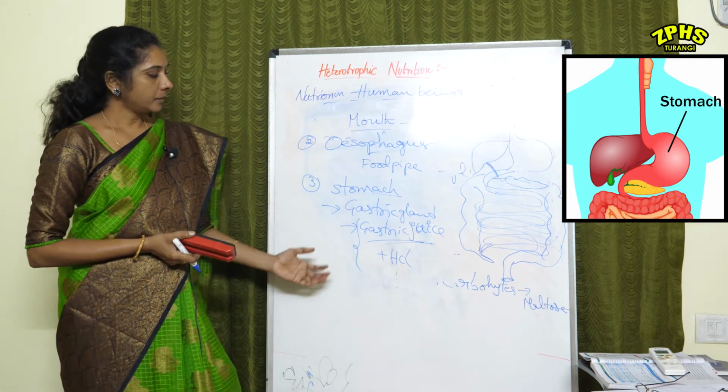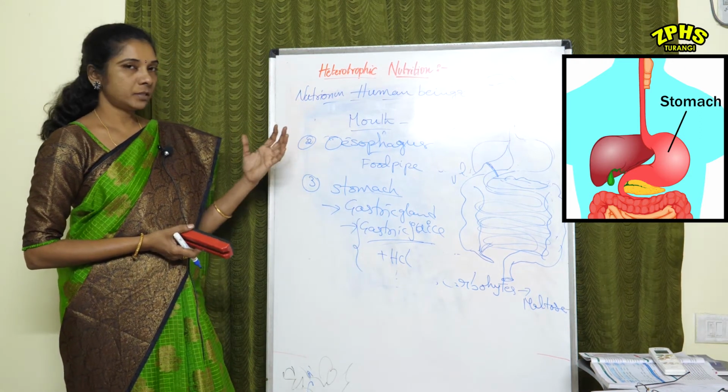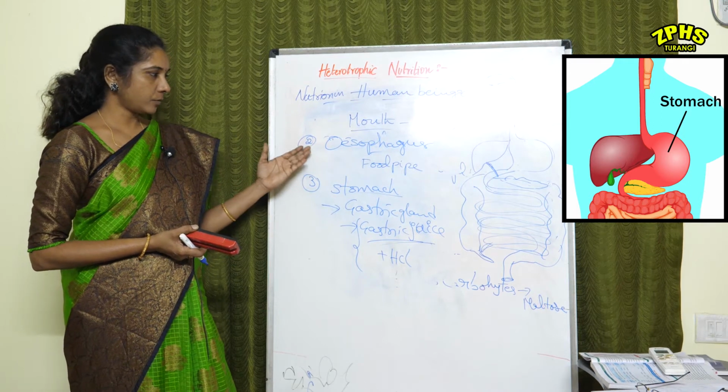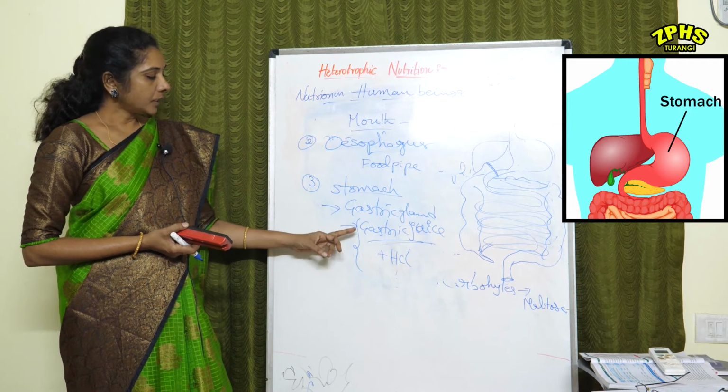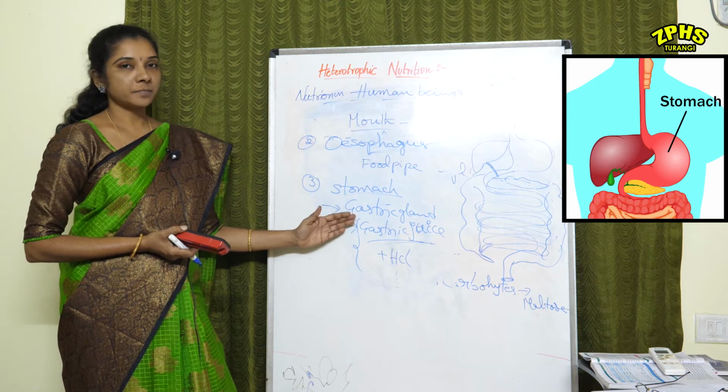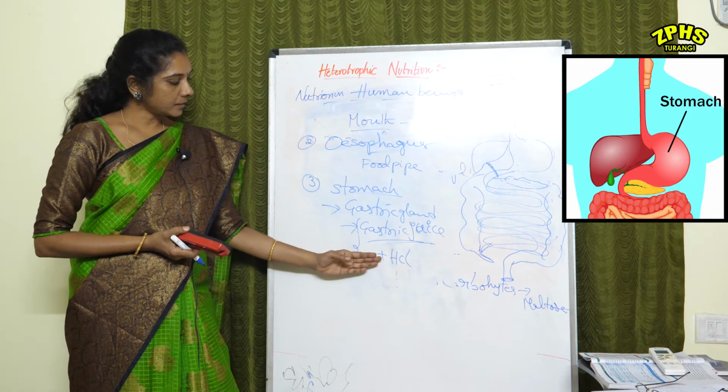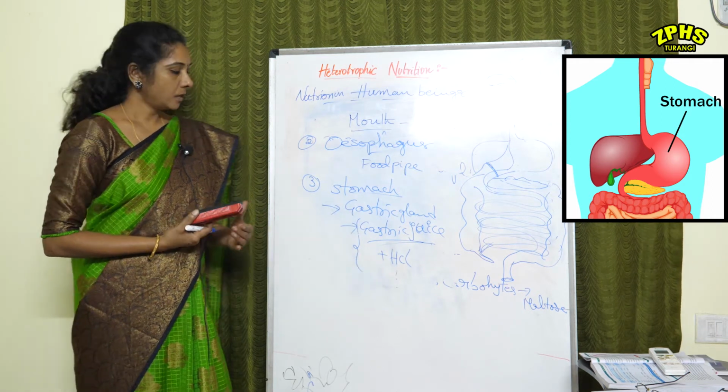Again, for digestion of food we need enzymes, as we have just learnt. So in gastric juice, what are the enzymes present and why is this HCl useful?